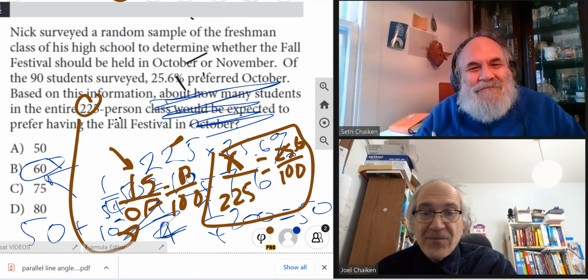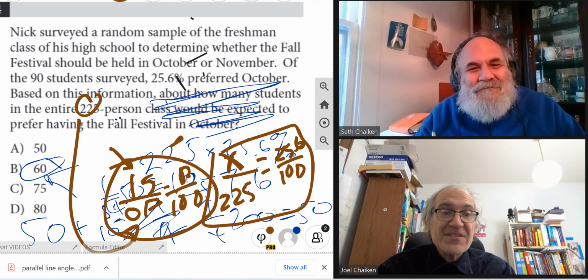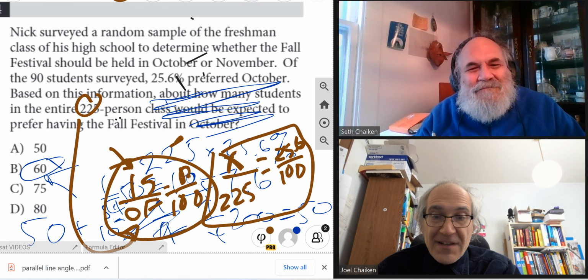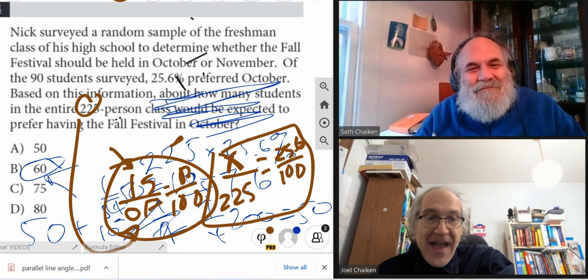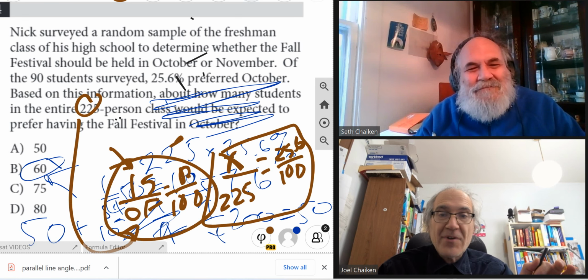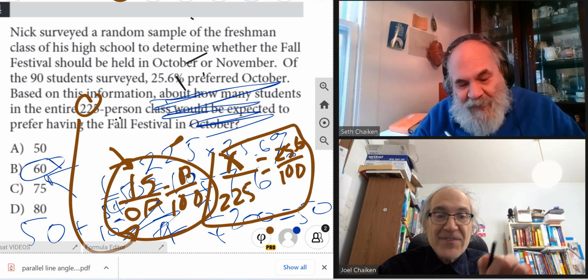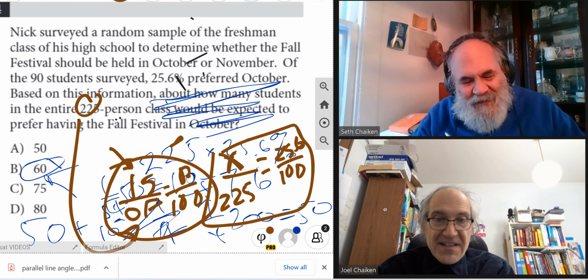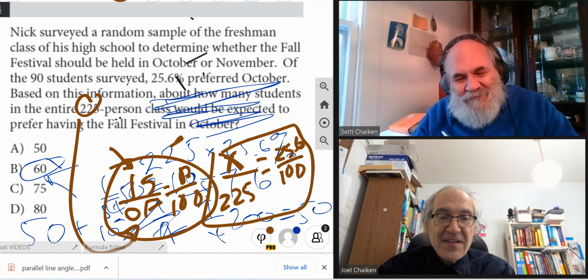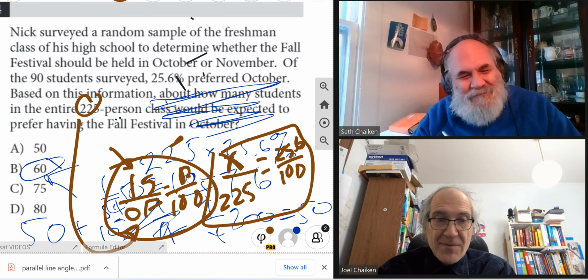Okay, this is a great formula to keep. Why is this formula so useful? Because it does the backwards question unbelievably efficiently. If you have the backwards question, which blows everyone's brain, they tell you that 60% of the kids, 60 was the answer, and the percent of the total was 25.6.